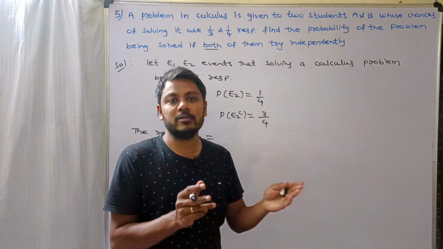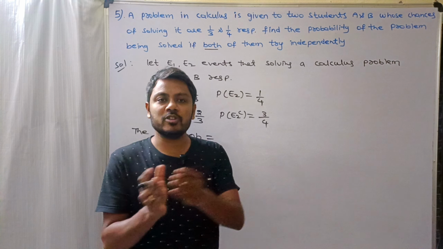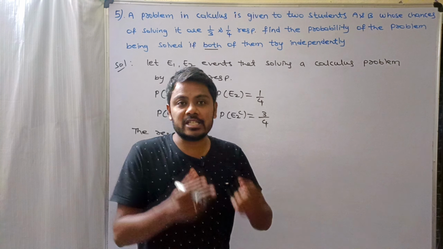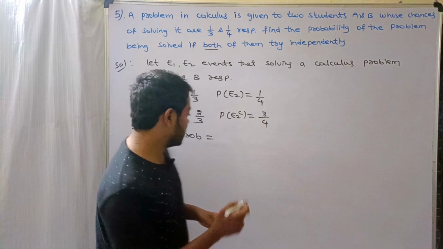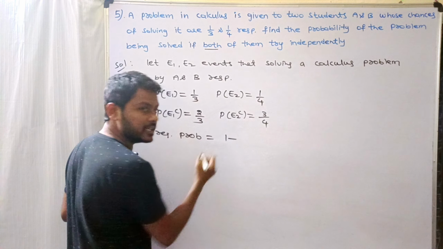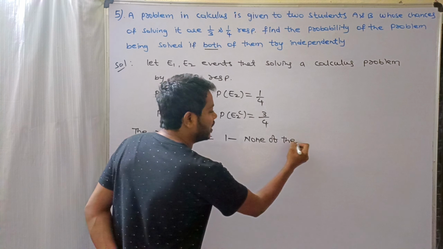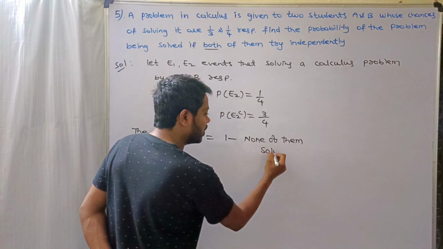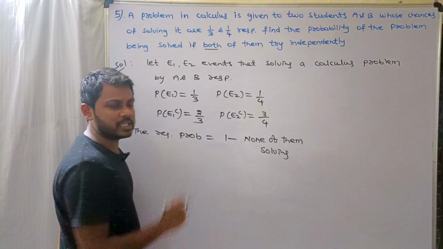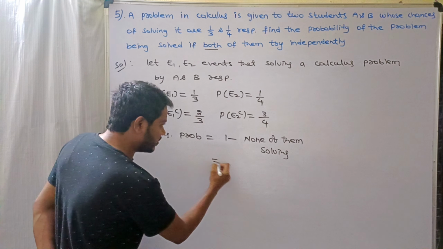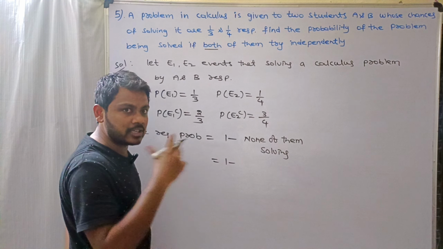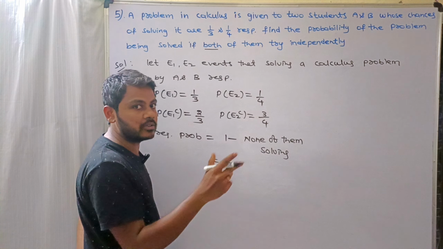So removing it, what we get is the chance of solving, that is 1 minus none of them solving a calculus problem. So that is 1 minus A does not solve and B does not solve.